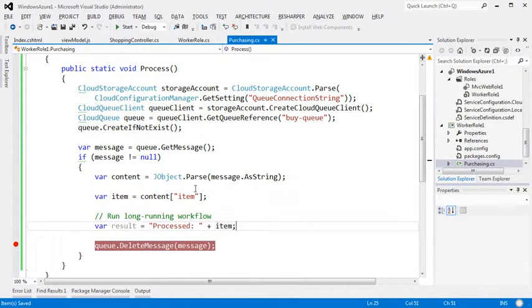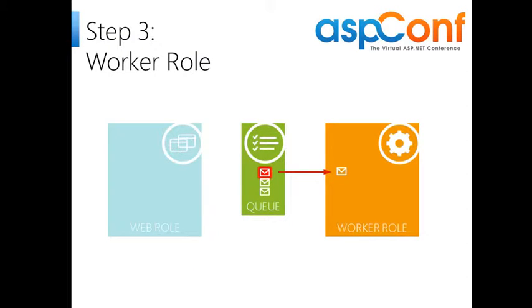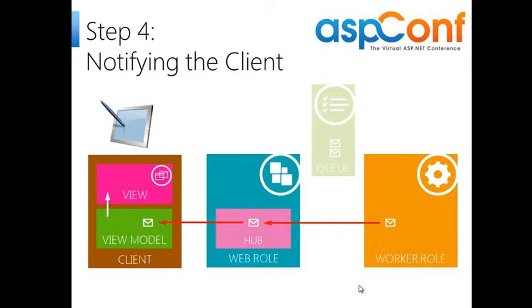When we finish processing our purchasing request, we want to notify the client that it is in fact complete. So how can we do that? We've received a message into our worker role, but now we want to send the reply back to our client.